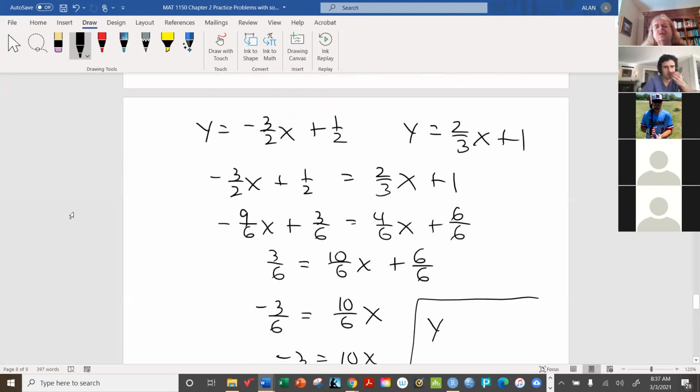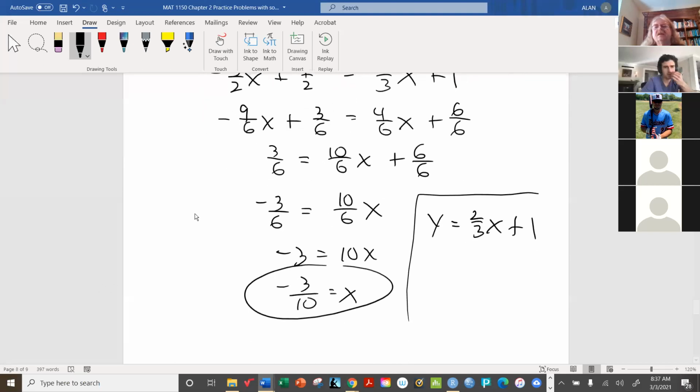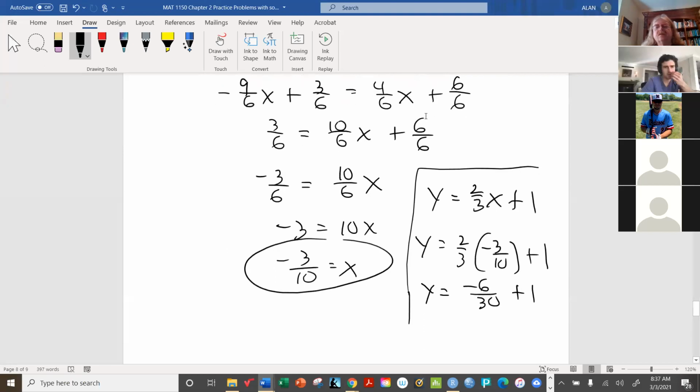Let's pick the one on the right: y equals 2/3 times -3/10 plus 1, which is -6/30 plus 1, reduced to -1/5 plus 1.